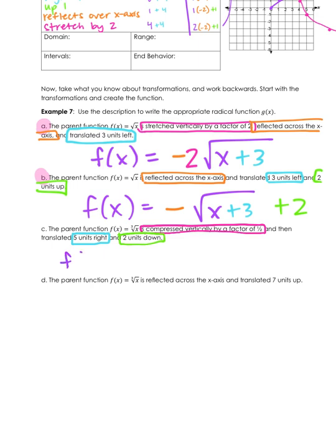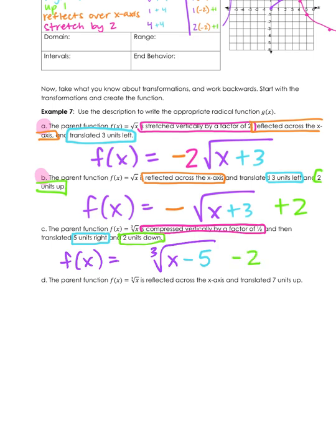So we're going to start off with our standard cubed root of x. Doesn't matter where you start. We've been starting with what's underneath the radical, so let's go ahead and do that. If we're moving 5 units right, remember we have to write the opposite sign. So that's going to give us a -5. 2 units down, that goes on the outside.